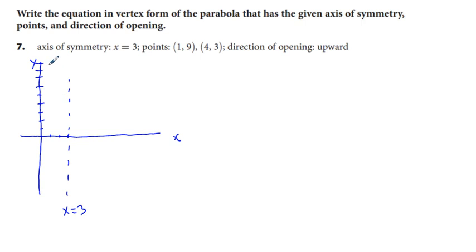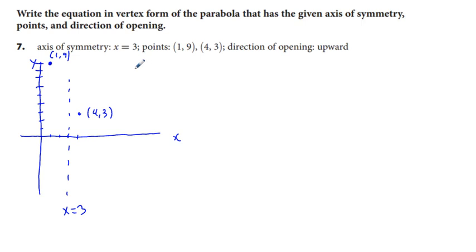We're right up here, we have a point 1, 9. And also we have one at 4, 3. So we have 4, up 3, 1, 2, 3. So 4, 3. And we're opening upward. And so we have some kind of parabola that goes here. There's a vertex someplace along the axis of symmetry. So that's what it's going to look like.